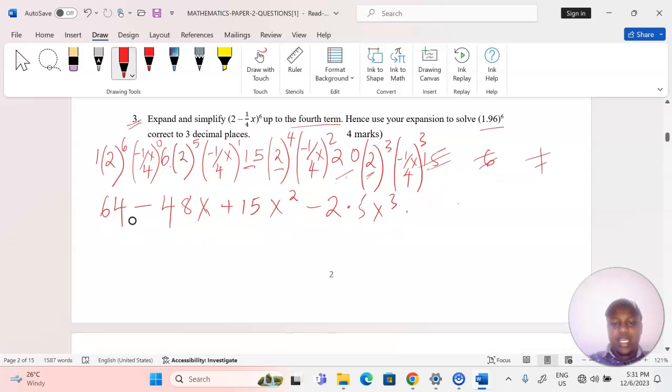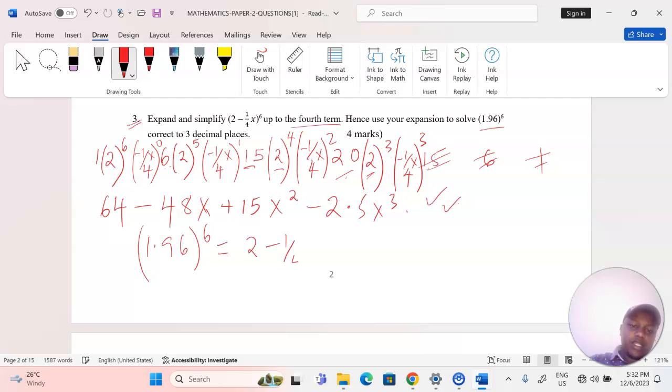Now we are using the expanded expression up to the fourth term to solve for 1.96 power 6. Therefore, we will say 1.96 power 6 should be equated to (2 minus a quarter x) power 6. Therefore, 1.96 equals 2 minus a quarter x.